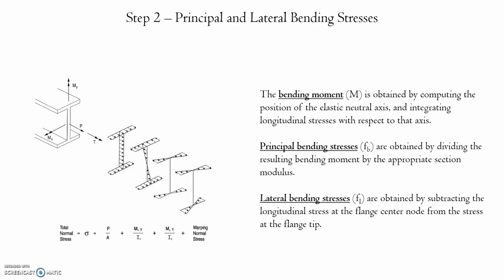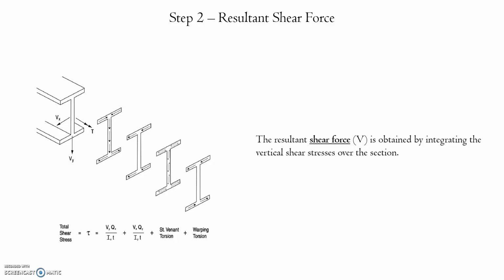The principal bending stresses, F sub B, are obtained by dividing the moment by the appropriate section modulus. And for the lateral bending stresses, we are subtracting the longitudinal stress at the flange center node from the stress at the flange tip. The same applies to the resultant shear force. It is obtained by integrating the vertical shear stresses over the section.